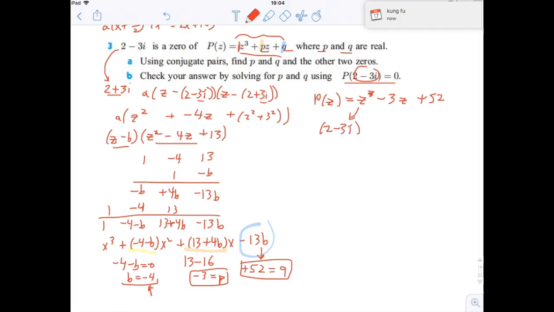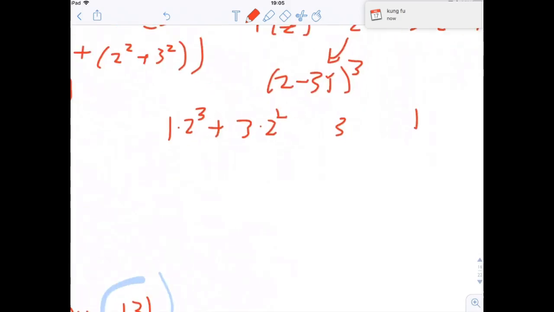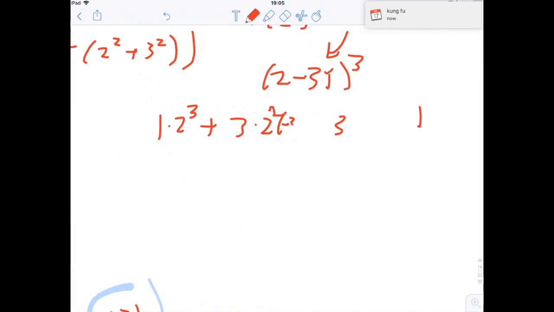And 2 minus 3i cubed, that's the binomial expansion. So I'm going to expand that. 1, 3, 3, 1. So it would be 1 times 2 cubed plus 2 squared, and then negative 3i, and then times 2 times negative 3i squared, and then the last one is going to be negative 3i cubed.